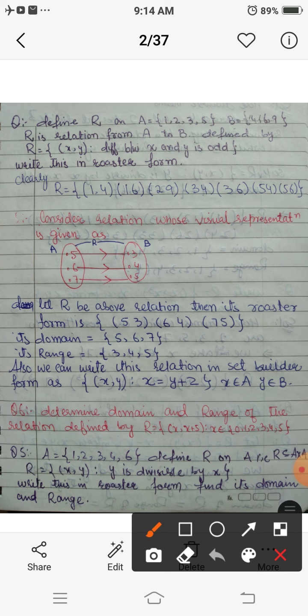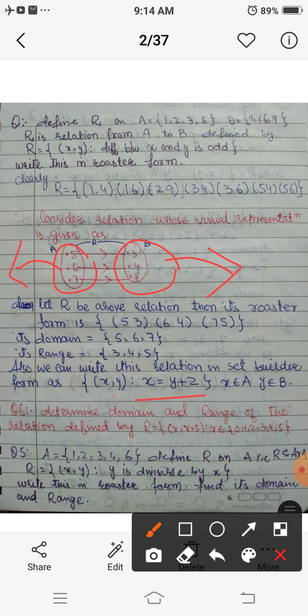When y is 4, x is 6. When y is 5, x is 7, because 5, 6, 7 are related with 3, 4, 5 through this very relation. When you put y equals 3, 4, 5, you will get the values of x to be 5, 6, 7 respectively.